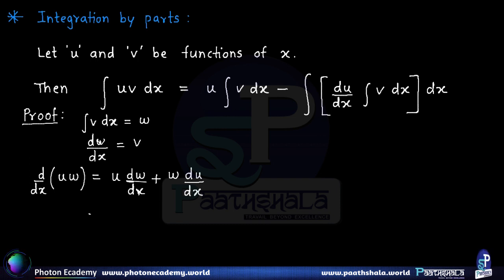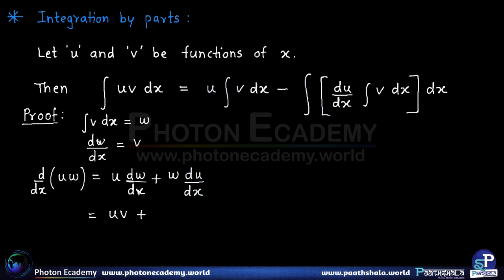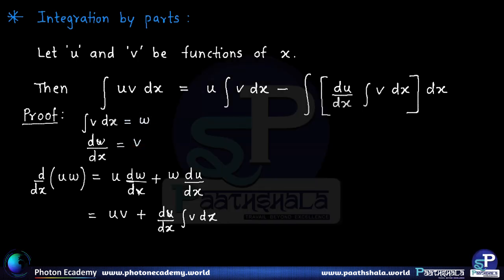So u into dw by dx is v, so I write it as v plus, while writing the second term, let me first write du by dx, and w is nothing but, we can write it as the integral of v dx because that is what we had assumed. So now the derivative of uw is this particular expression.